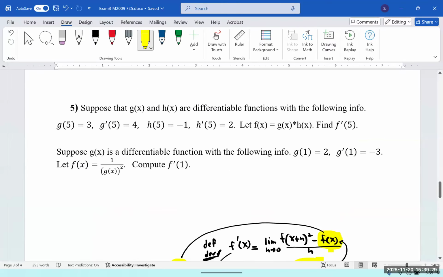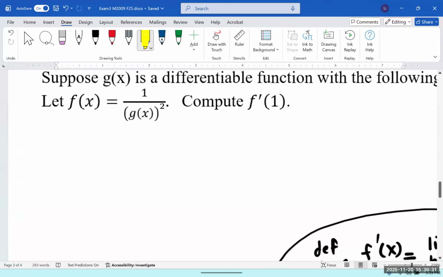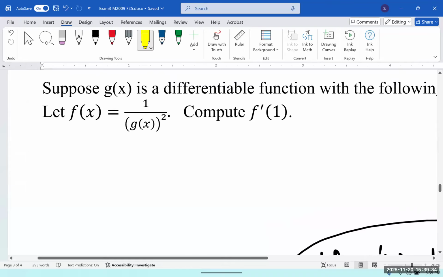And then the next question, most of you got wrong, is this one. You got this one wrong for many weird reasons. So you have 2 ways of doing it: either the quotient rule or the chain rule.